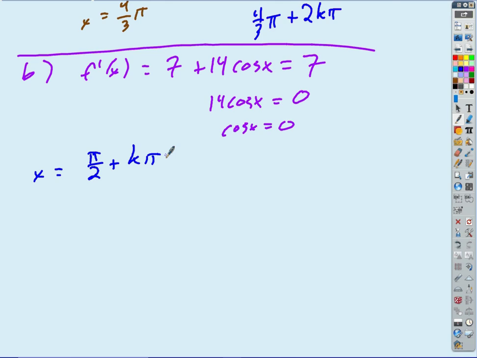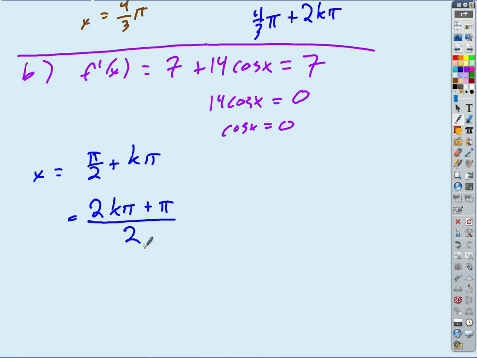Like we could add up these fractions, for example. What would I have to do here to add these fractions up? Get common denominator, right? Multiply this one by 2 over 2, and let's flip these around. So I'm going to get 2k pi plus pi over 2.